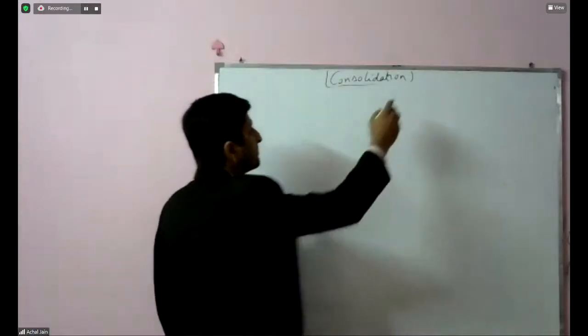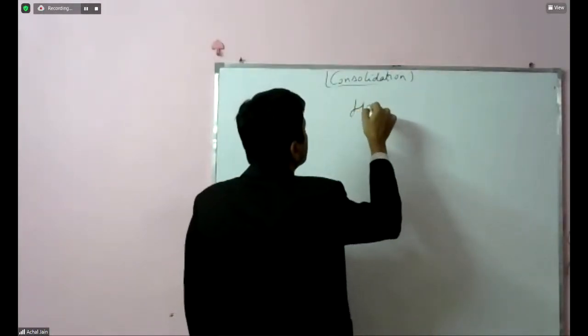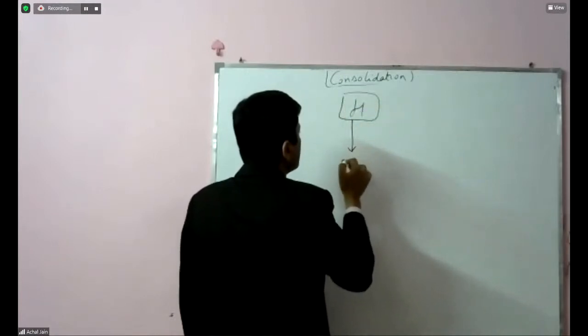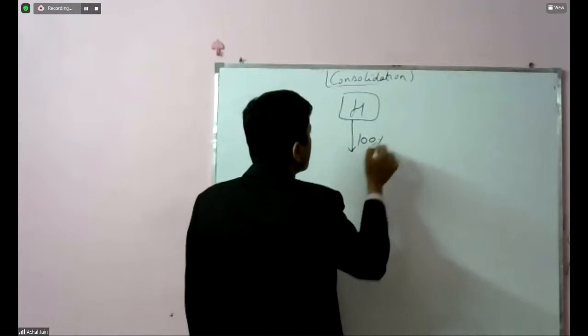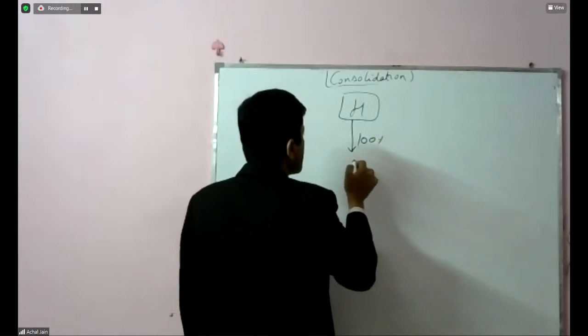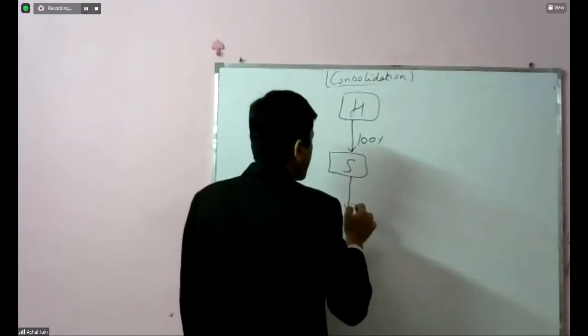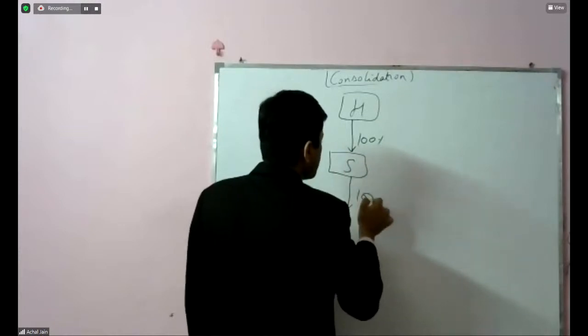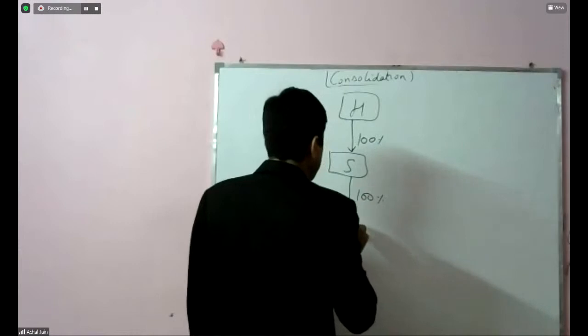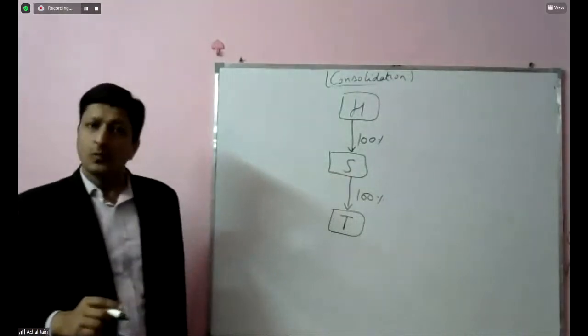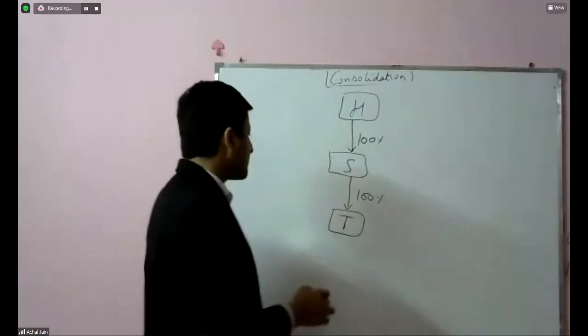Say, for example, we have H having 100% shares of S, and S has 100% shares of T. Okay, and T has what?